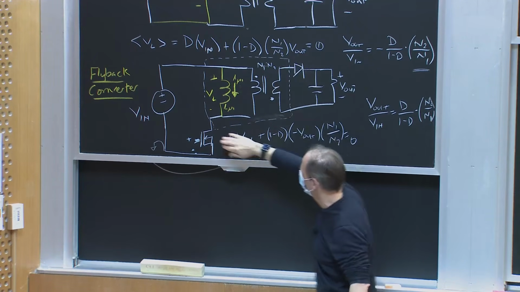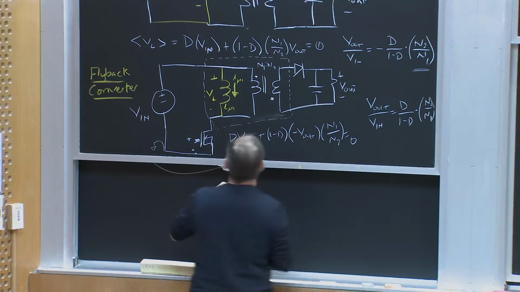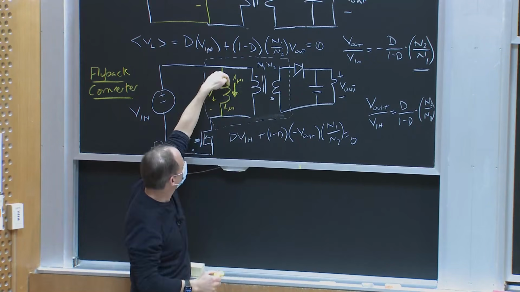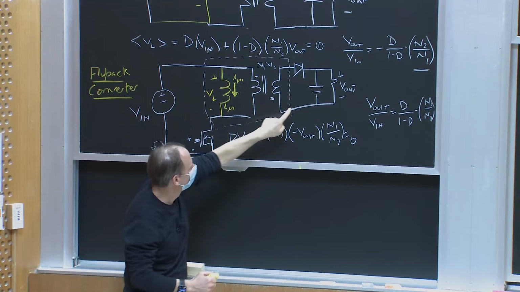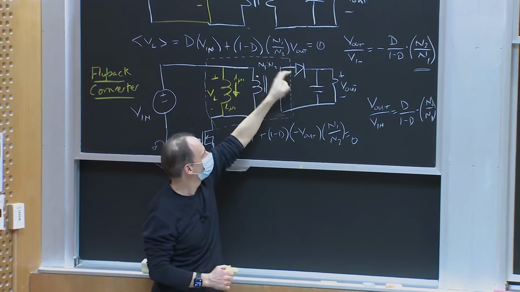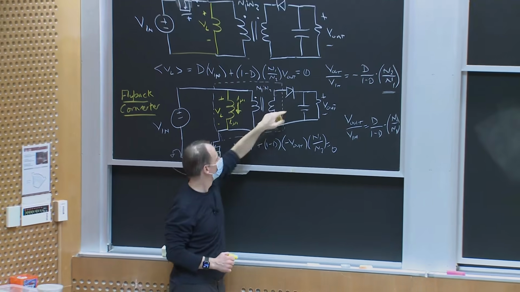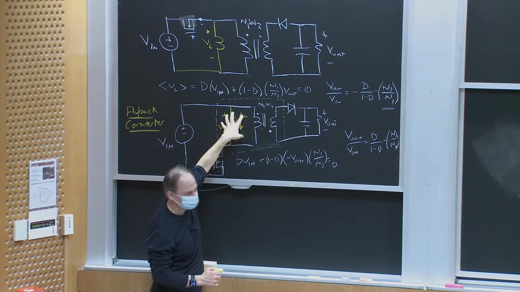When I turn the switch off, if I look at this circuit model, what's happening is the magnetizing current circulating out of this dot and into this dot. So there's current in the secondary now, which is supporting this magnetizing energy storage.